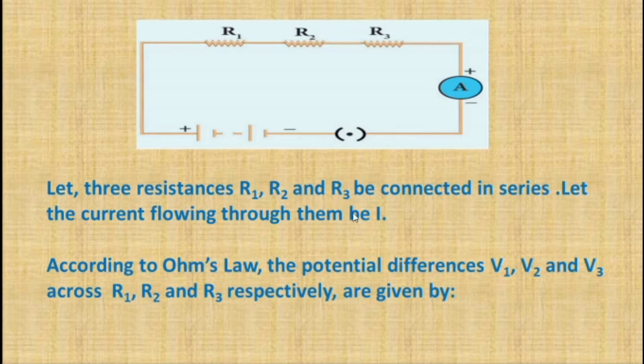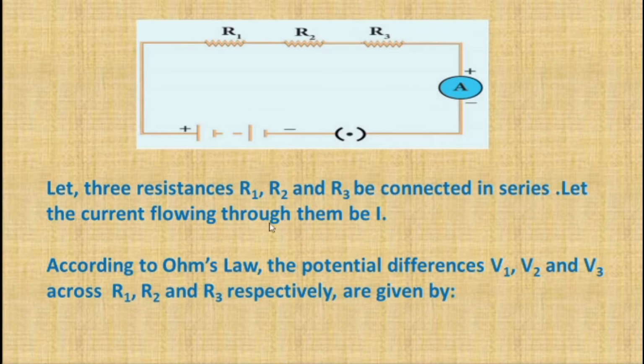The next one, you see the diagram. R1, R2, R3 are the resistances of three resistors, and this symbol A indicates the ammeter. Plus, then minus, then the black key is the battery. The battery gives the potential difference. So let three resistances R1, R2 and R3 be connected in series. Series means end to end connection.